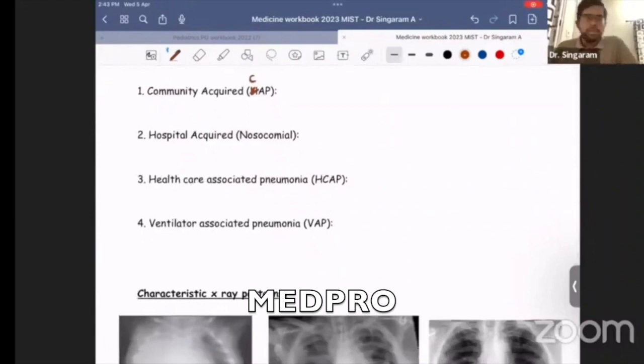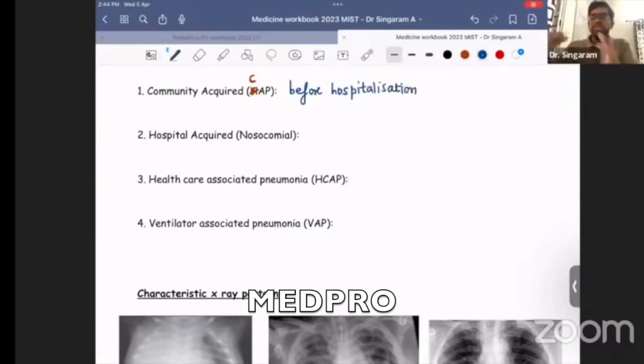What is the meaning of community acquired? Before coming to the hospital, the patient has an infection, that is called community acquired pneumonia. In simple words, a patient who develops pneumonia before hospitalization is called community acquired pneumonia.